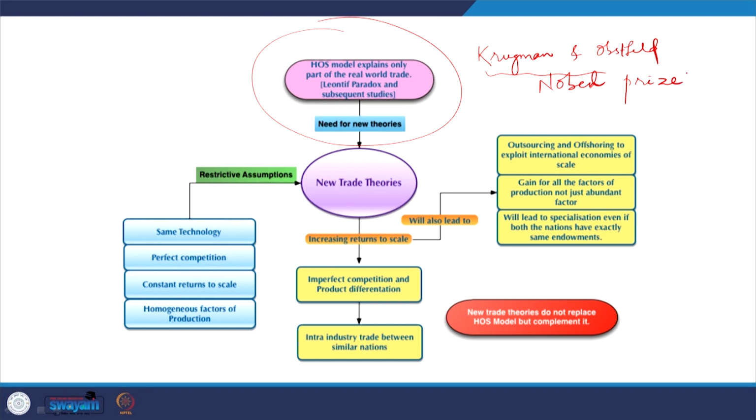Now, a number of restrictive assumptions are again relaxed: the same technology is not assumed, perfect competition is not necessarily followed, constant returns is rejected, and homogeneous factors of production are also rejected. These are very important assumptions which are relaxed.